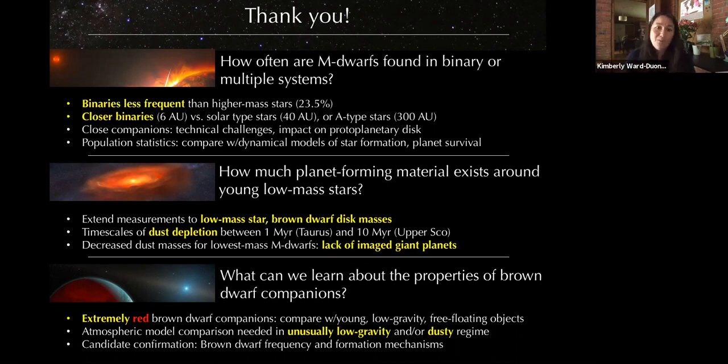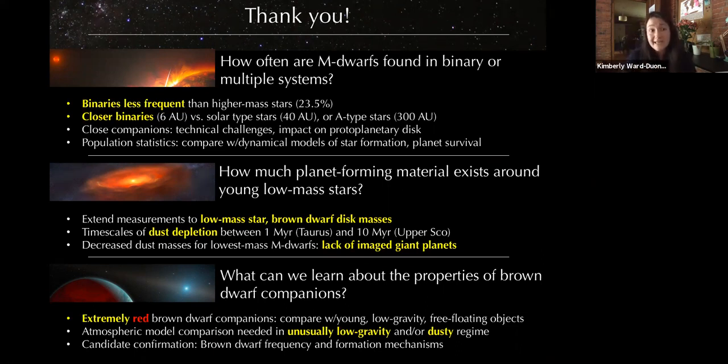Or the different absorptions of things like water in the atmosphere at 1.4 microns. So basically, to get to the other question, what we end up doing is we take these atmospheric grids of models that vary in effective temperature, surface gravity, and composition. And then we test these spectra against them to try and derive the parameters.